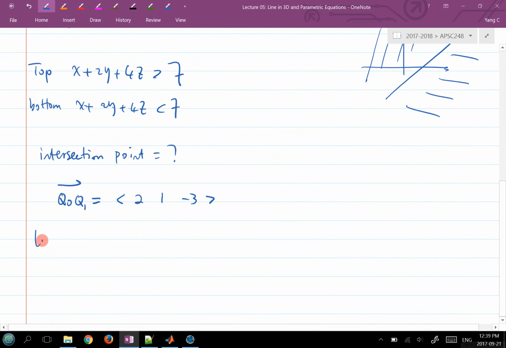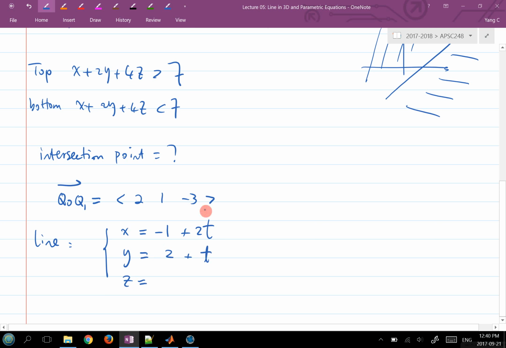Then the line equation. You can write it down now, you don't have to write just the formula. So x equal to, let's see, if I pick the Q0 point for this location here, it'll be negative 1 plus 2 times the parameter, suppose I use a t. And then y will be 2 plus 1 times t.